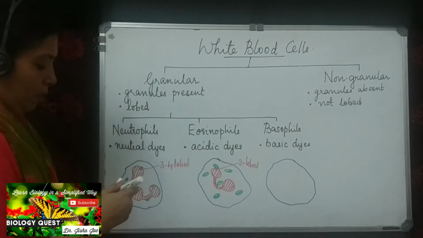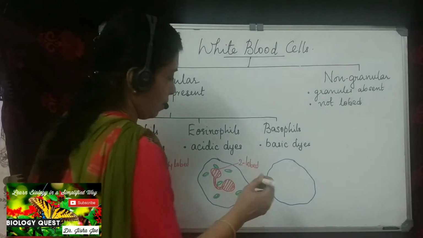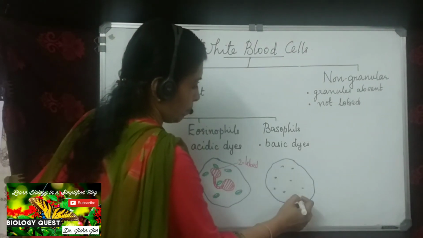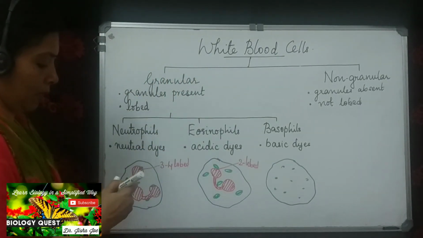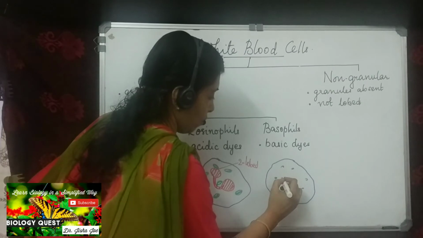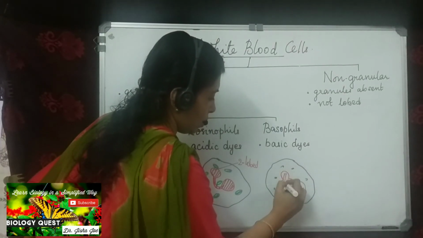It is also granulated; granules are present. When we come to the nucleus, it is indistinctly lobed. That is, the number of lobes of the nucleus is not distinct.